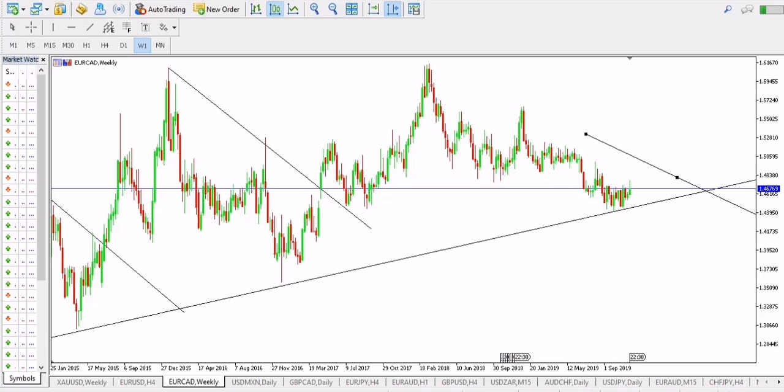Just to validate it, because as long as your trend lines are valid and every head touches another head or every tail touches another head, then the market will keep on moving wherever it wants to move.